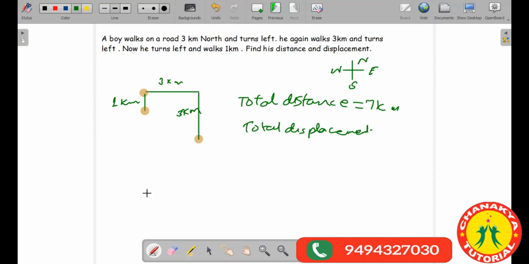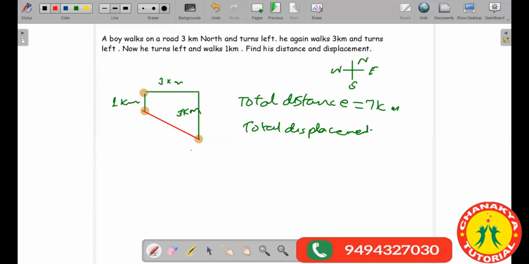Yes. So his initial point, let us observe. From the initial point to the final point, we have to find out the shortest path. As we know, the shortest path is a straight line. If you draw a straight line between these 2 points, you will get the shortest path. So this straight line should represent the displacement.